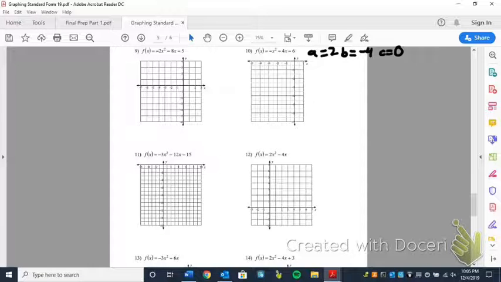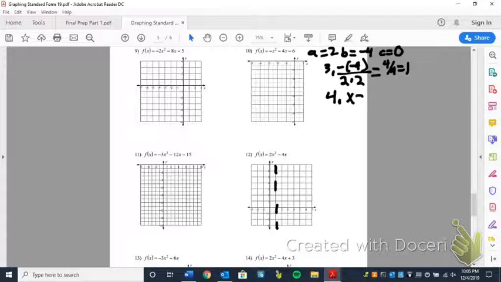There is no c there, so it equals 0. 3, negative b over 2a. Negative 4 over 2 times 2. That gives us 4 over 4, or 1. So we know that the axis of symmetry is at 1.